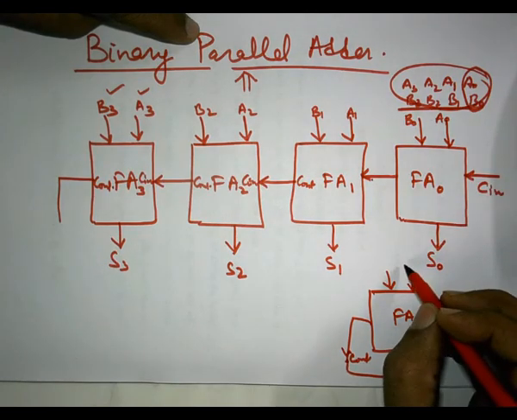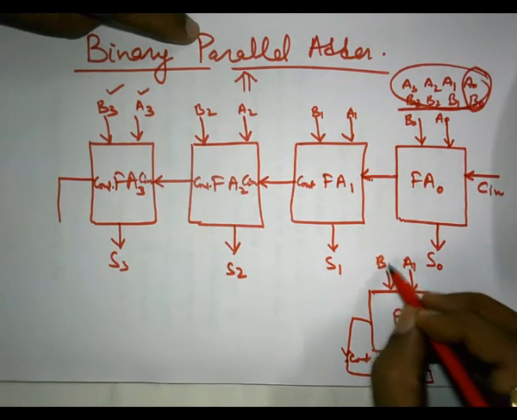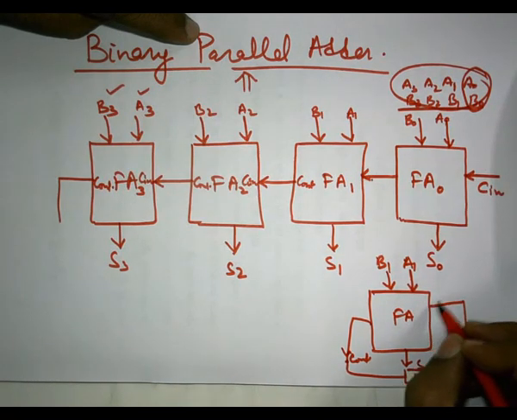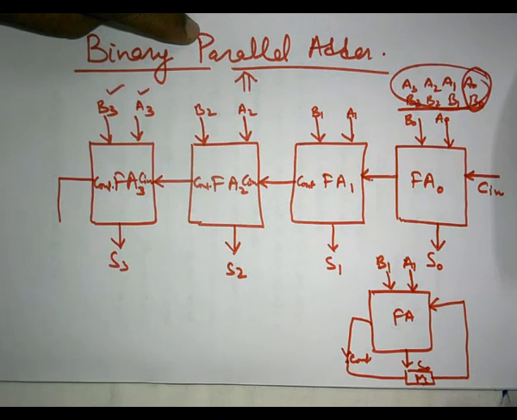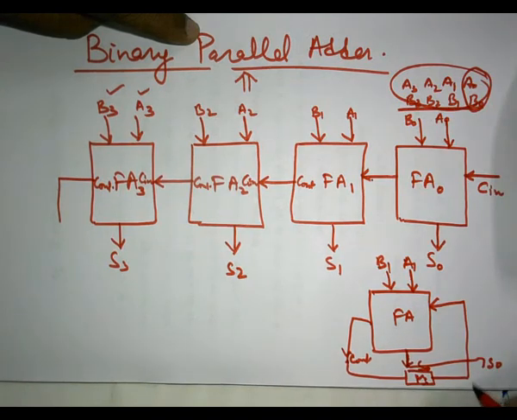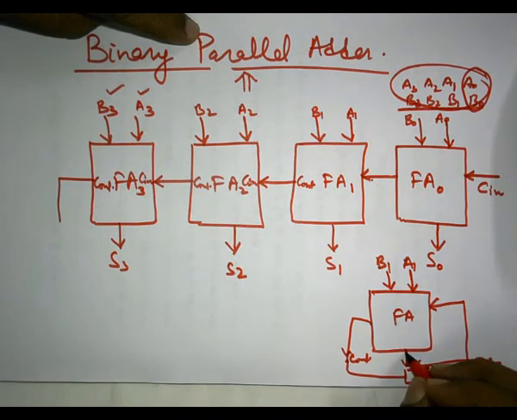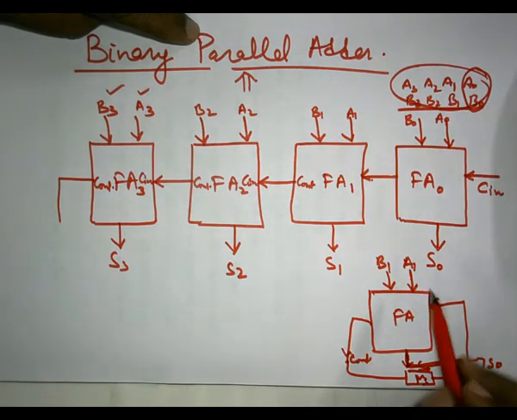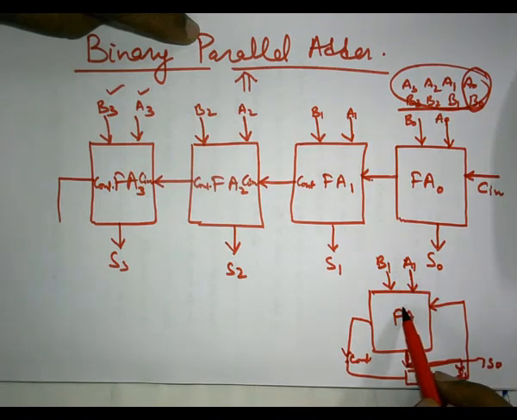And next time I will apply A1 B1 over here, and then at that time I will also apply the stored carry, and previous result of S0 has been stored somewhere in the memory. Now I am getting a fresh result, and now I will store it for S1. Okay. So this way also I can add these 4 bits, but now bits are applied serially.